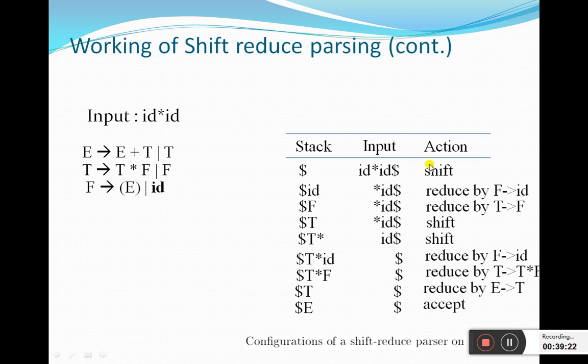So by applying the appropriate production in a suitable order, we can perform the shift reduce parsing for a given input string. This is how the shift reduce parser will parse the given input string by moving from one configuration to another configuration and performing either the shift action or reduce action.